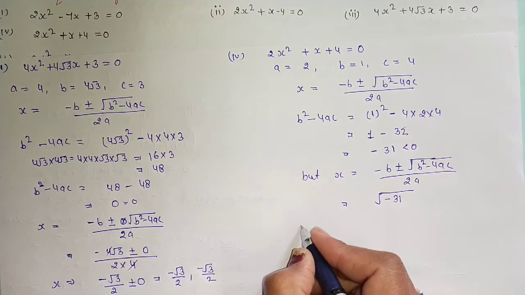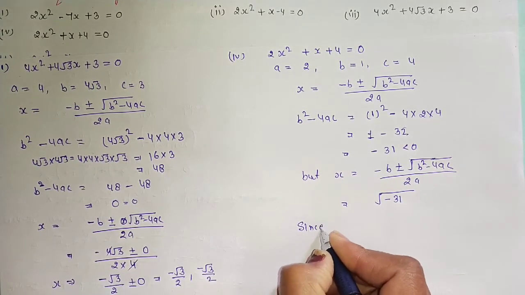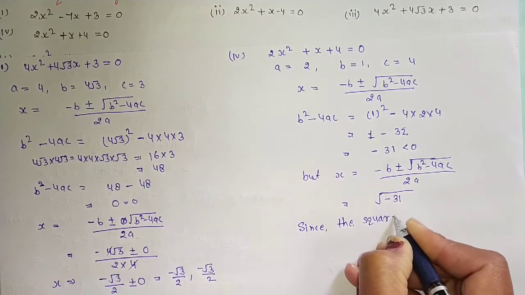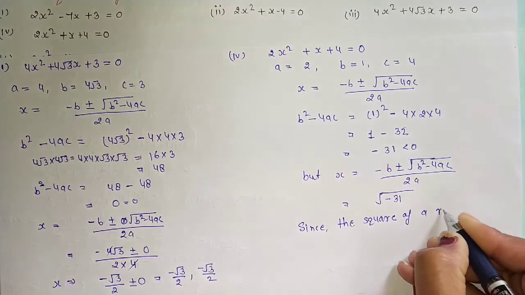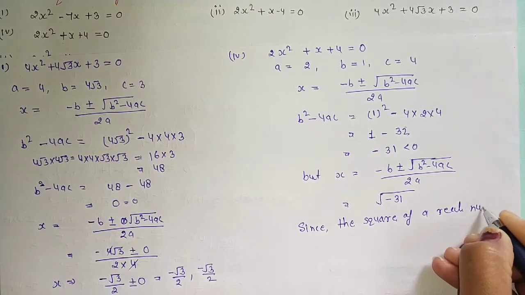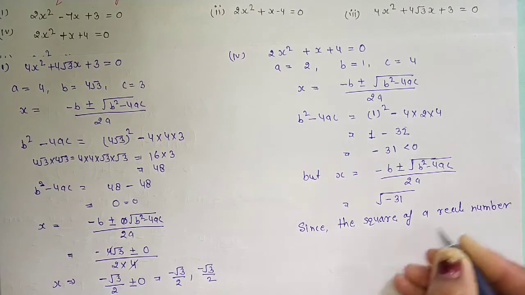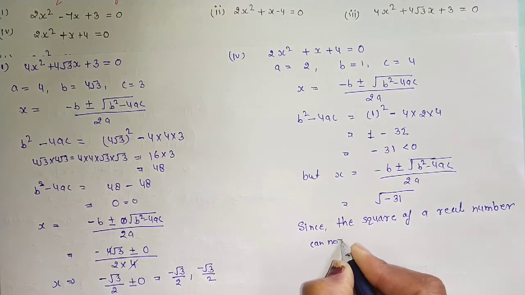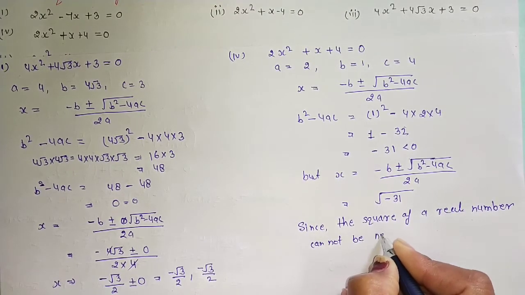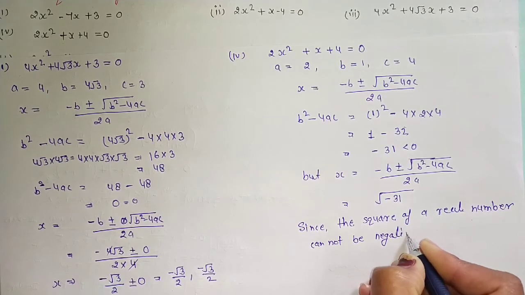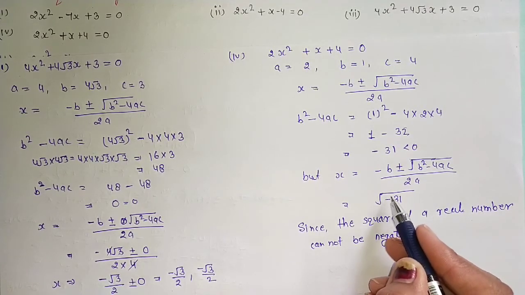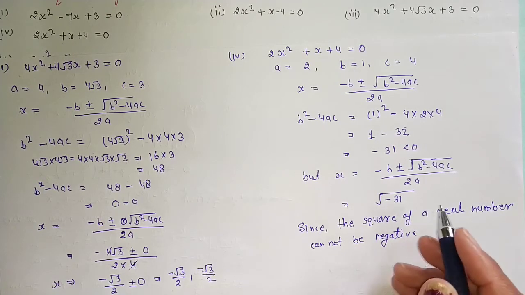So since the square of a real number cannot be negative, we can say we cannot find the value of root of minus 31.